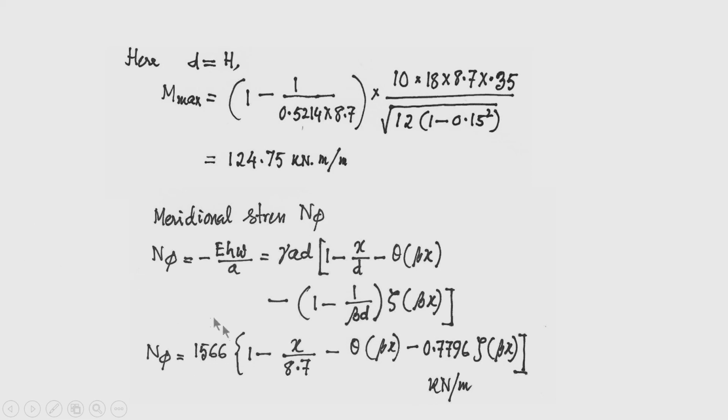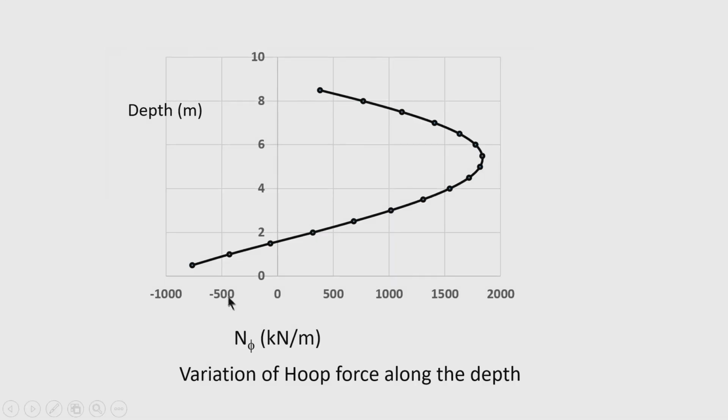The variation of N phi is obtained for different values of x along the height of the tank and plotted here, and you can see the maximum hoop force is obtained at a distance of around 5.7, where the variation of hoop force is maximum.